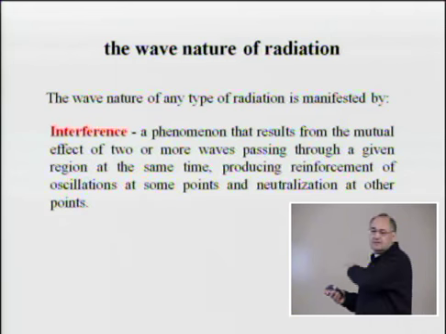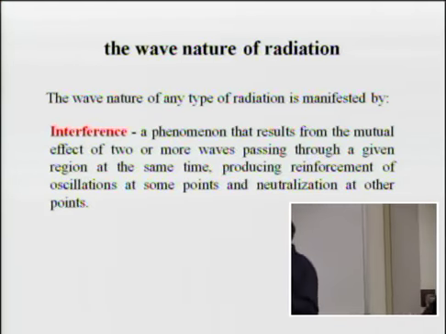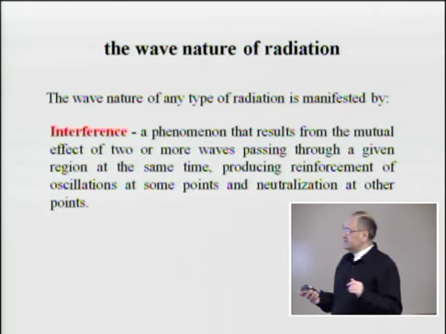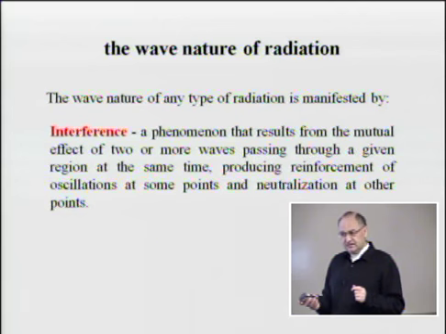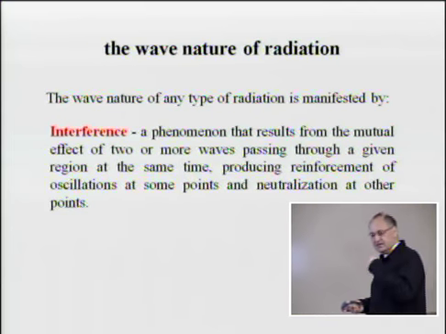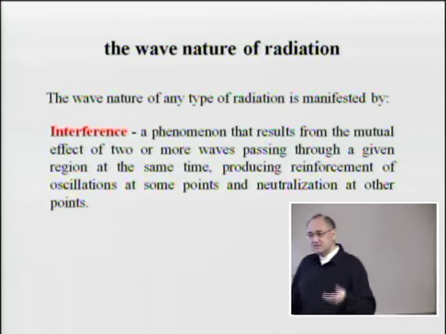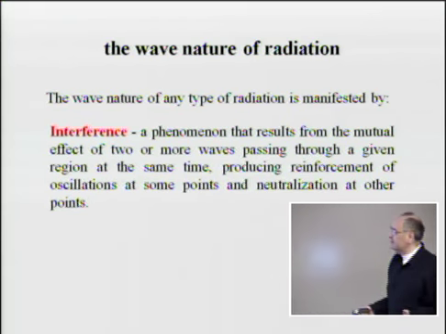If the waves pass through the same spot, we say that they are coherent, which means that they oscillate in the same way, and at this point the two waves can reinforce the oscillations, or they can neutralize their oscillations.